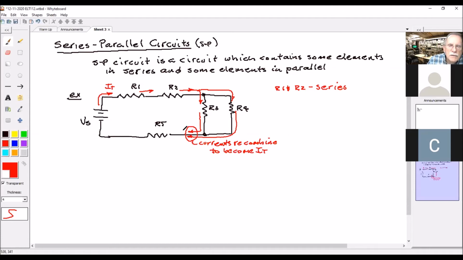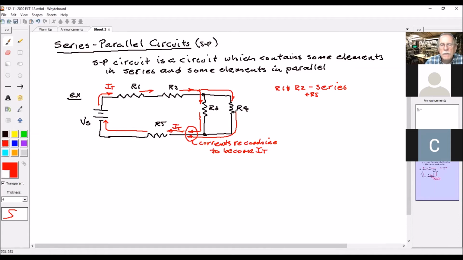So we'll just say that the recombined current goes into R5, comes out of R5, and goes back to the source. So in reality, since R5 also has the same current, R5 is in series with R1 and R2.